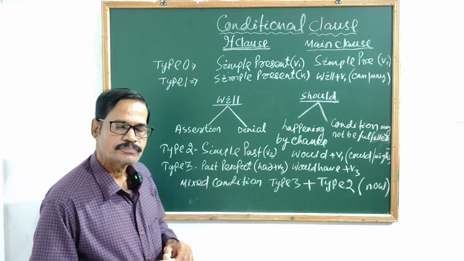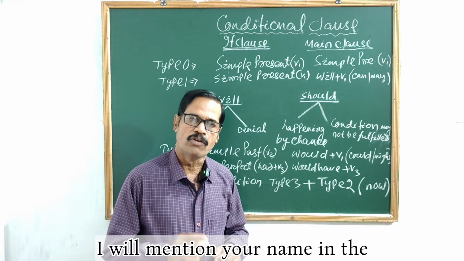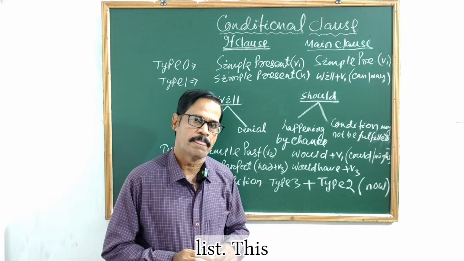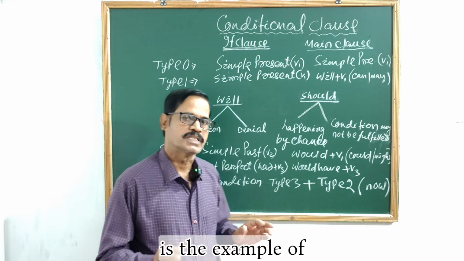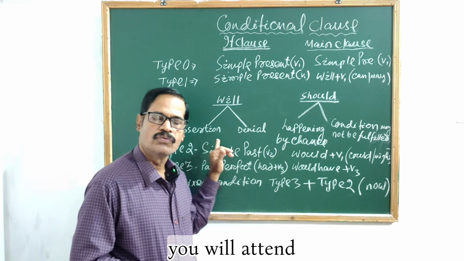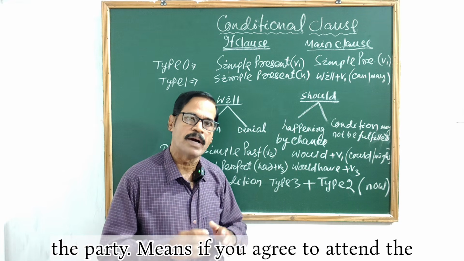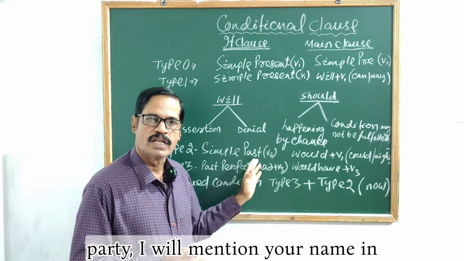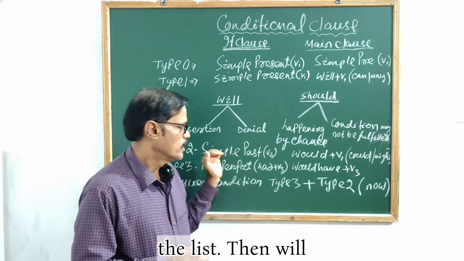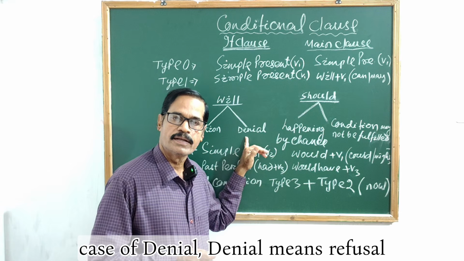For example, if you will attend the party, I will mention your name in the list. This is the example of assertion. If you will attend the party, means if you agree to attend the party, I will mention your name in the list.